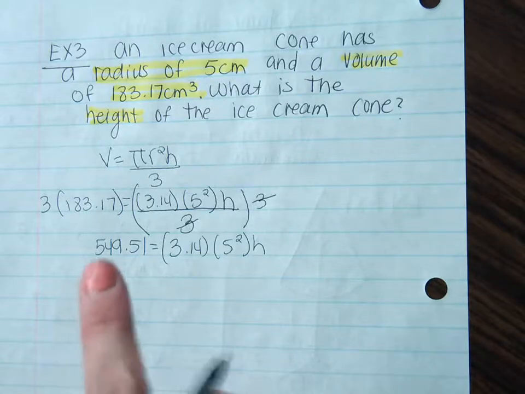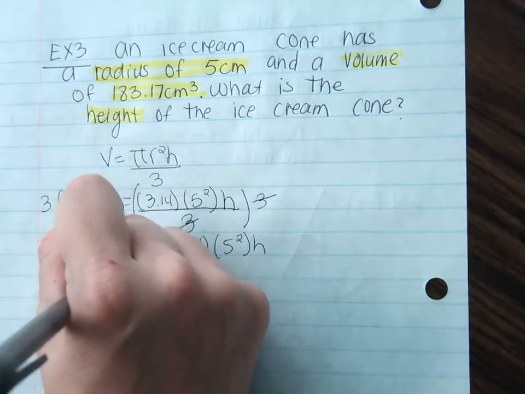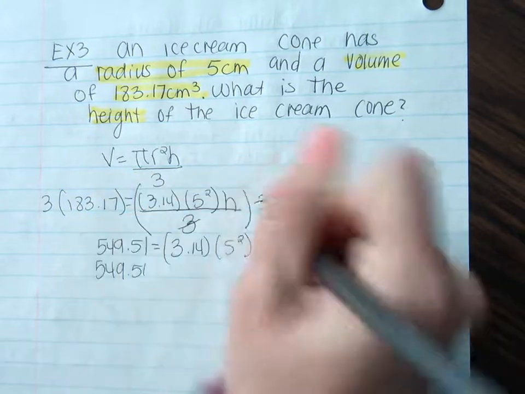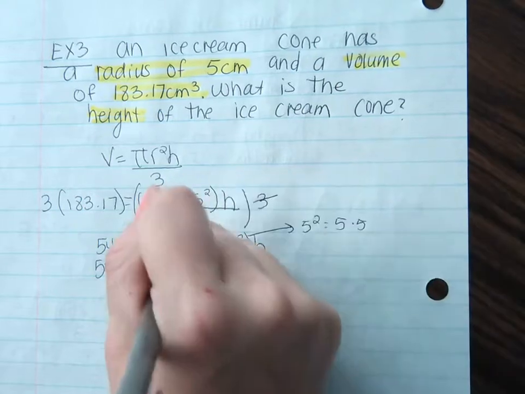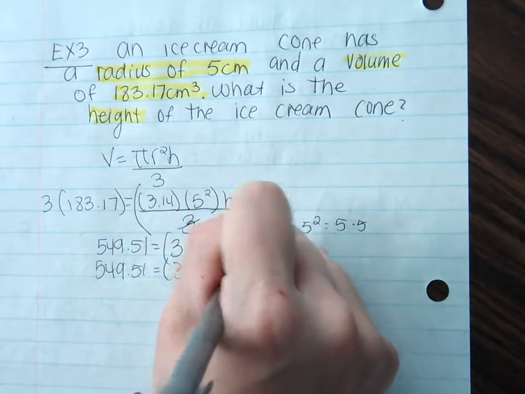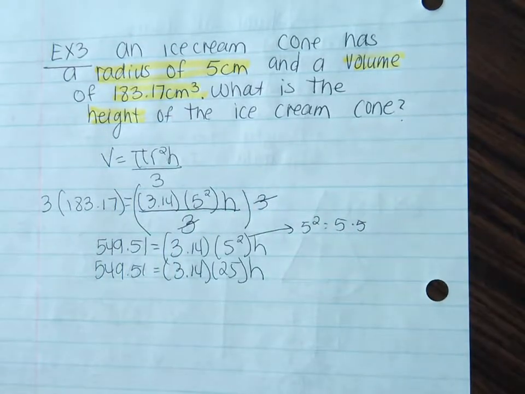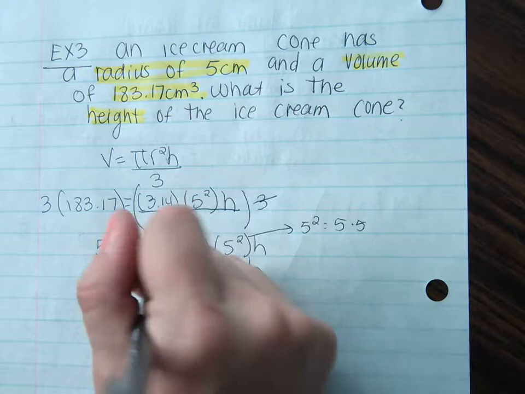We follow our order of operations, which means we do our exponents first. Remember, 5 squared is 5 times 5. So it gives me 3.14 times 25 times the height. Now we multiply 3.14 times 25.